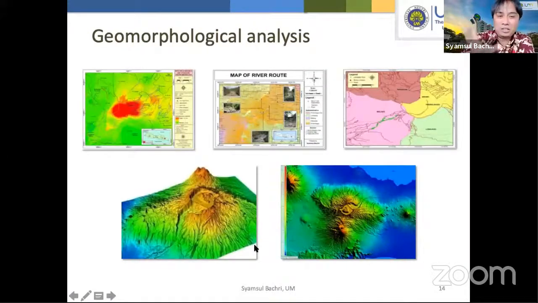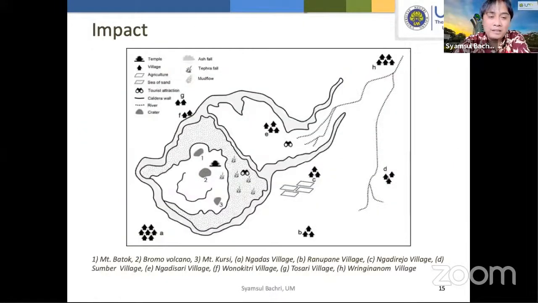And this is the geomorphologic information of Bromo. I don't want to share it here because these are really geographic terms. And I tried to sketch the correlation in Bromo. There are actually a lot of mountains neighboring Bromo. For example, we have Mount Batok, Bromo Volcano, and Mount Kursi. We have at least 3.